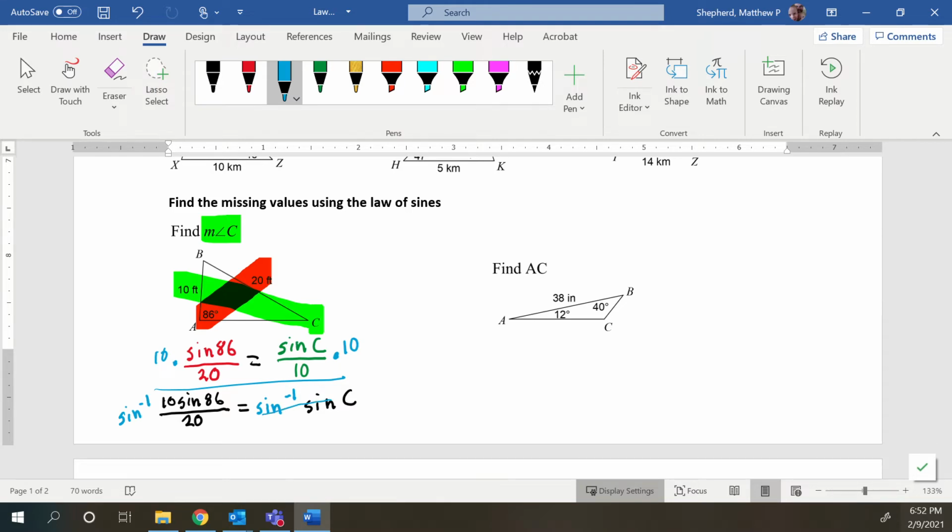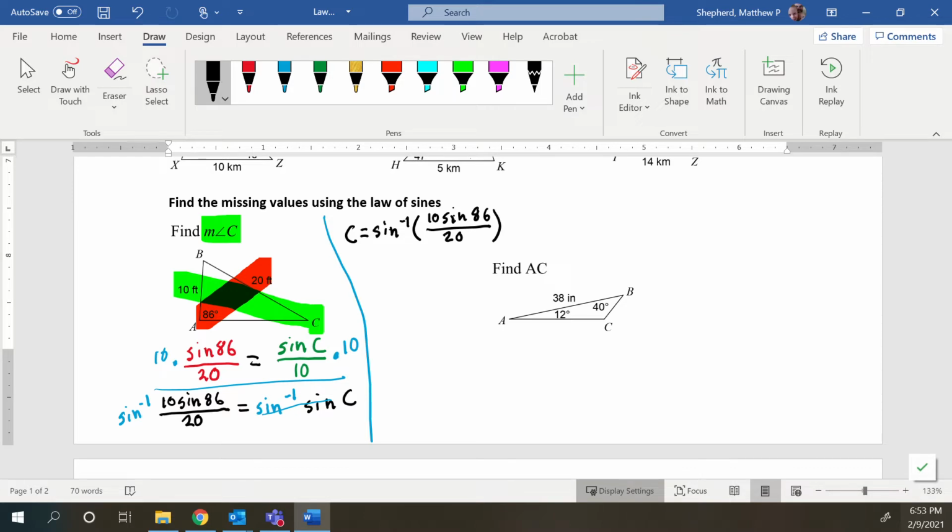The sine inverse does a sine backwards, in the same way that division does multiplication backwards, and they will undo each other. So after that step, we could be left with just C being equal to the sine inverse of 10 sine of 86 all over 20.